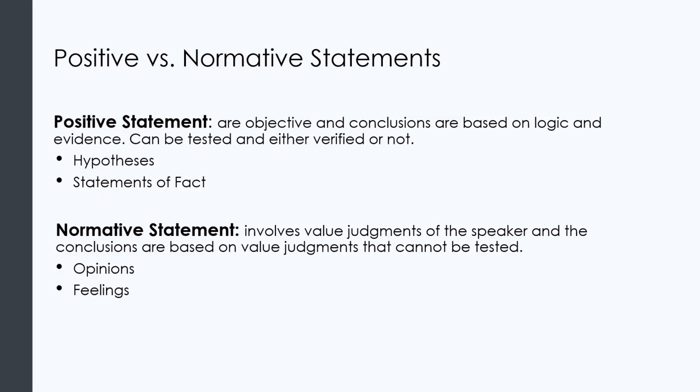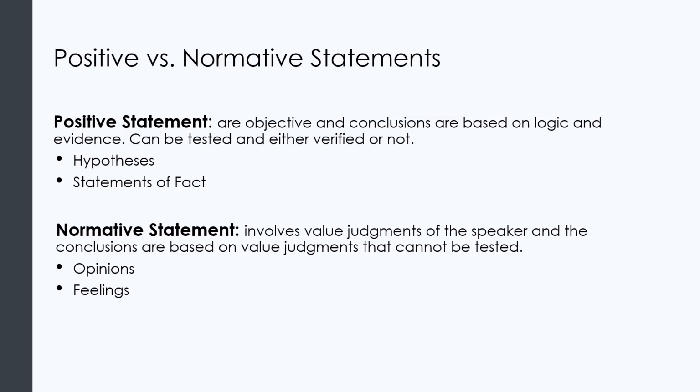In contrast, normative statements involve value judgments from the person who's making the statement. And conclusions are based on those value judgments. And in general, what makes a normative statement is that it cannot be tested or verified in some sort of scientific method type fashion, right?